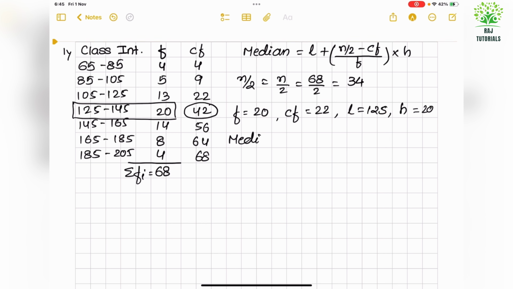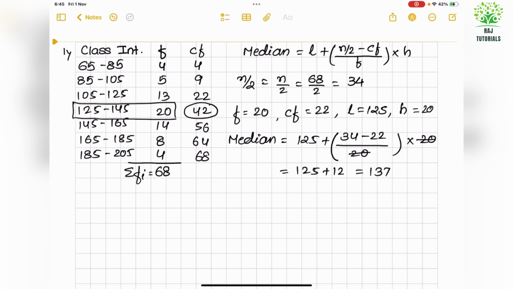Now putting the values in the formula, median equal to 125 plus (N by 2 is 34 minus CF is 22) upon F is 20 into H is 20. So 20 gone. So that will be 125 plus 12.